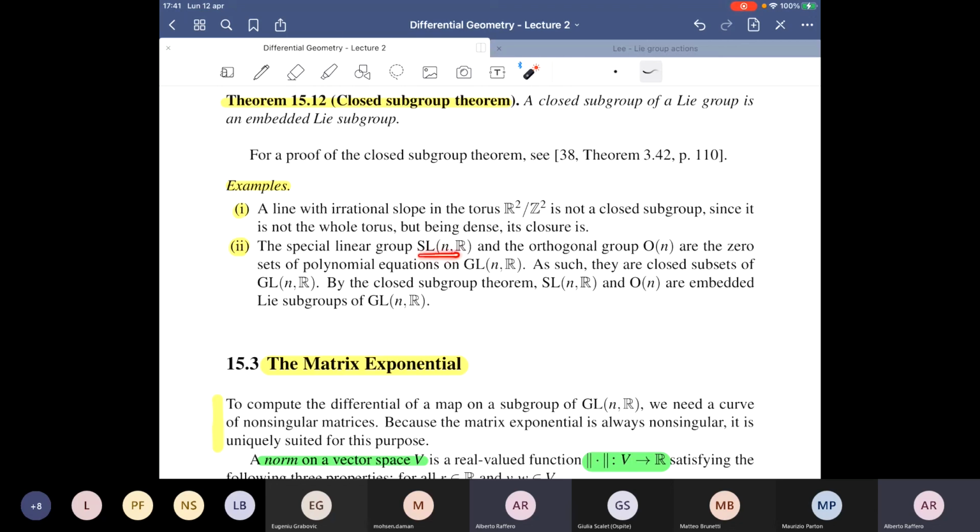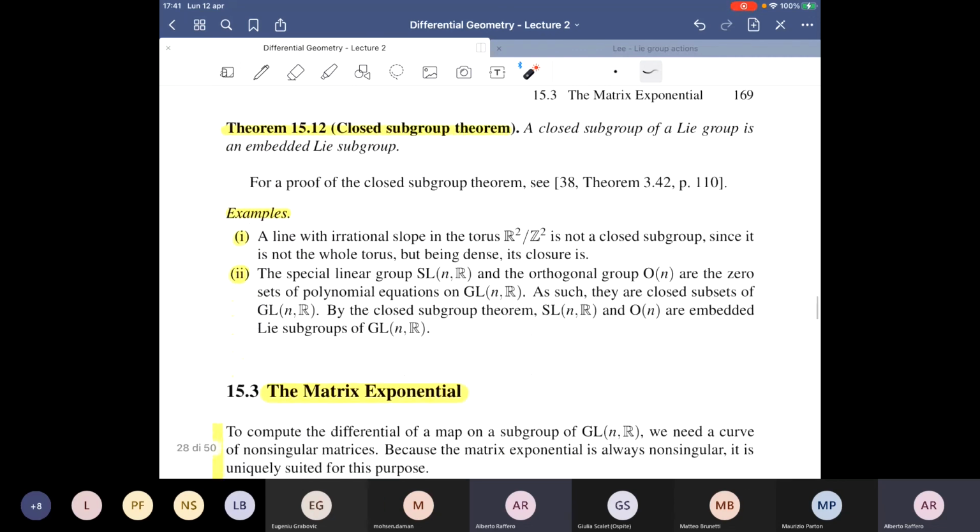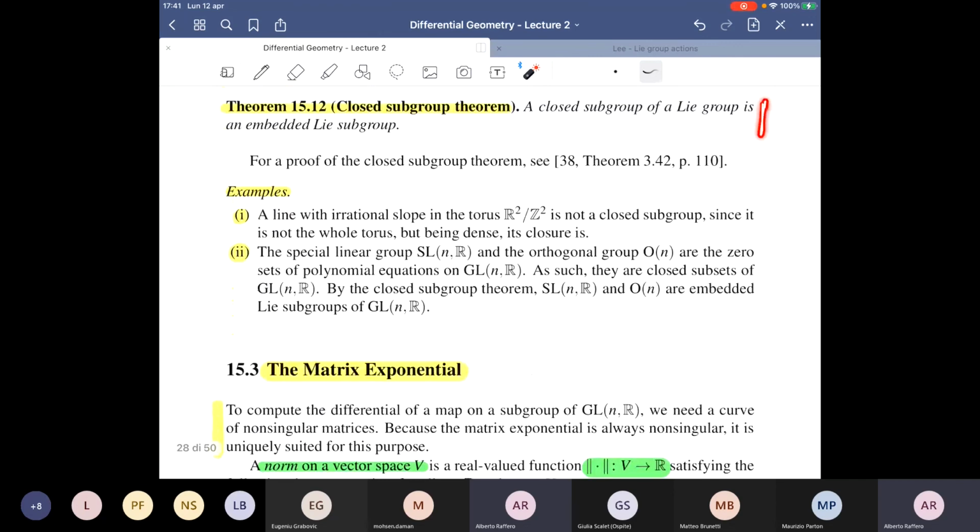And so in this case, you have that both SL_n(R) and O(n) are closed subsets of the general linear group. They are abstract subgroups. You can show it directly, here using the properties of the determinant, here using the definition of the orthogonal group. And so in particular, they satisfy the hypothesis of the closed subgroup theorem. And so you have for free from this theorem, without making any further computation, that they are embedded Lie subgroups of the general linear group.